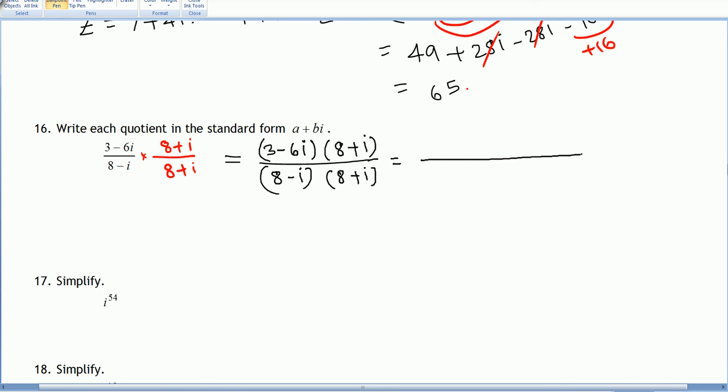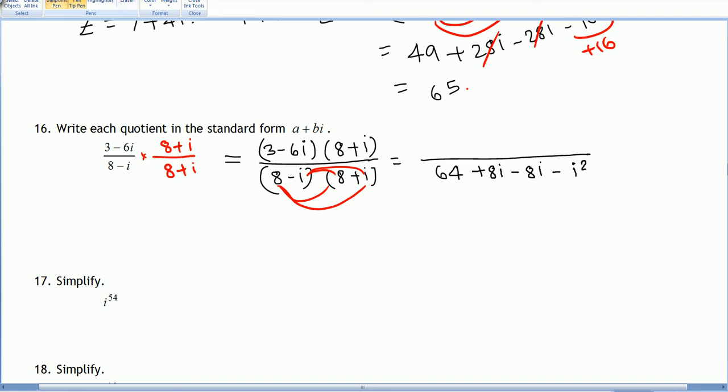In the next step, let me FOIL the bottom first. 8 times 8, 8 times plus i, negative i times 8, negative i times i. So we get 8 times 8, 64, 8i minus 8i, and minus times plus is minus i squared.